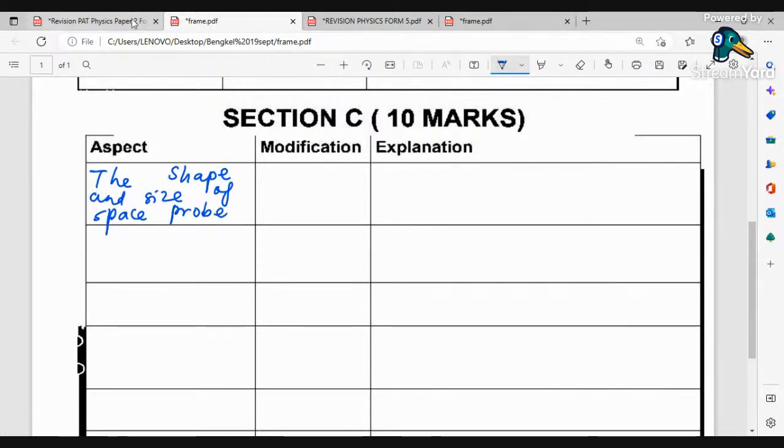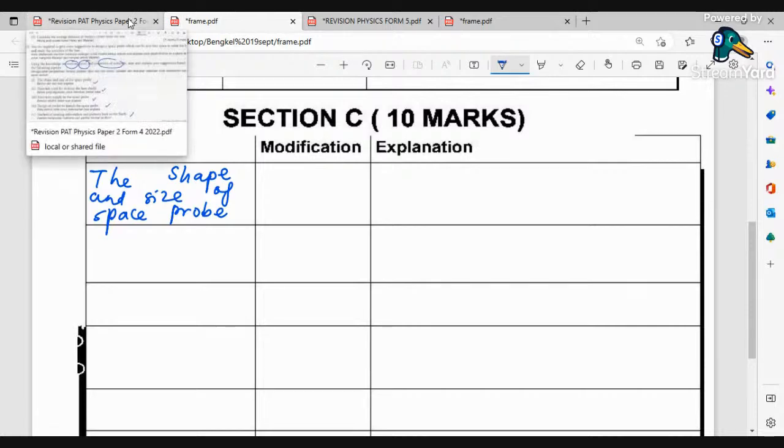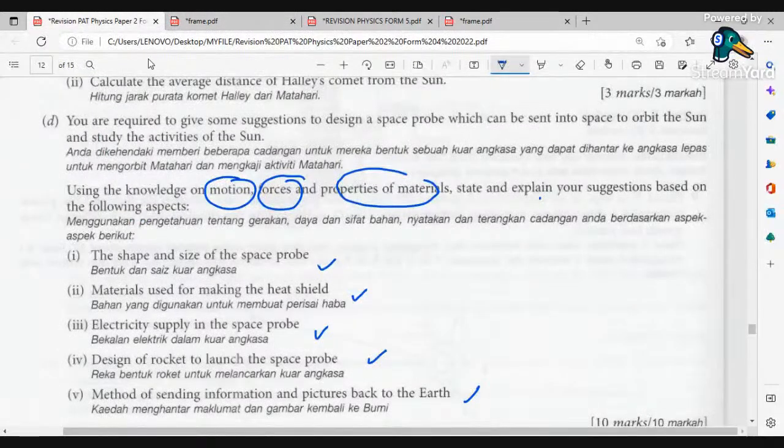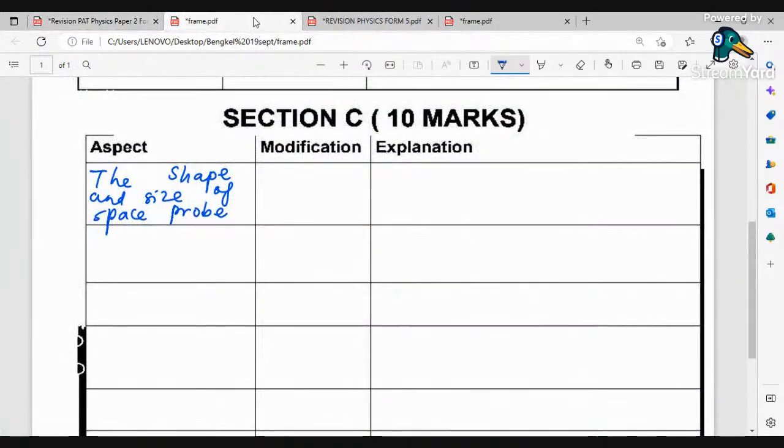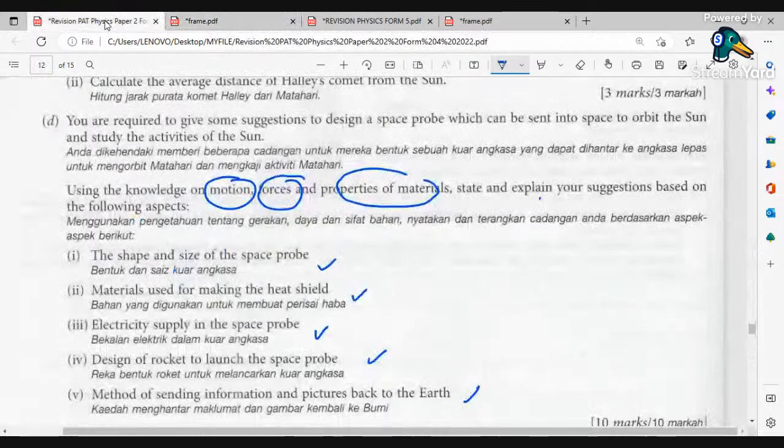Okay, second, material of heat shield. Electricity supply.